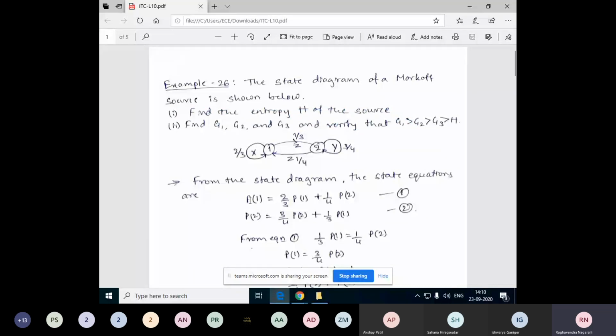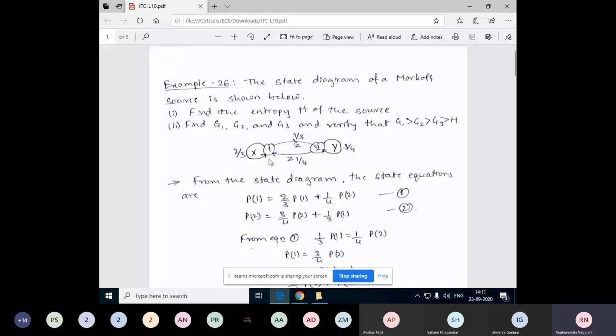So from the state diagram, let's first write the state equations. So 1 is one state and 2 is the second state. From state 1, there is one transition from this state to the same state itself.